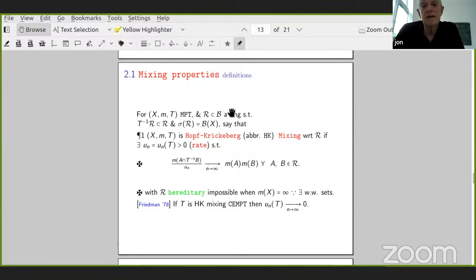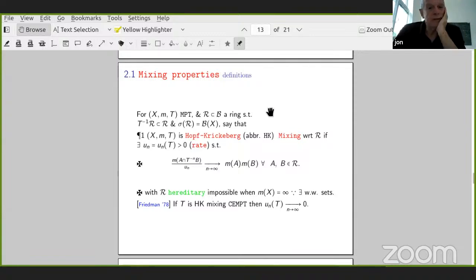So it's a ring of sets of finite measure. And then you say it's mixing if there are some normalizing constants, so that the measure of A intersect T^{-n}B divided by u_n tends to the measure of A times the measure of B for every A and B in R.